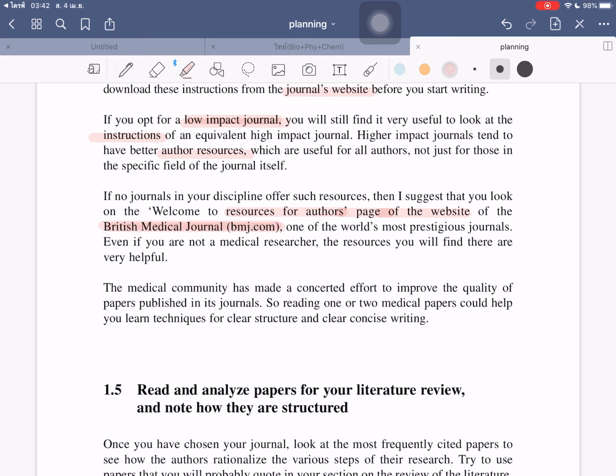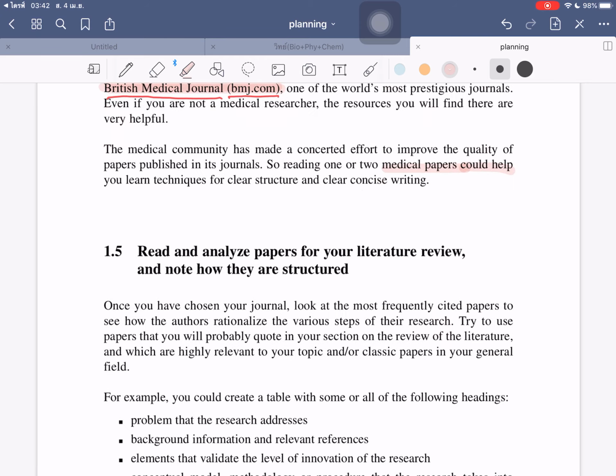If you don't know what it looks like, go to bmj.com, the British Medical Journal. It will give you a good sample of the instructions for the authors. So studying some of the medical papers would help you to know the guidelines.